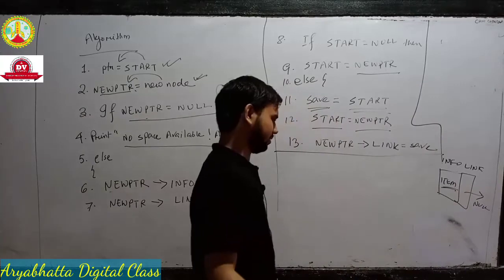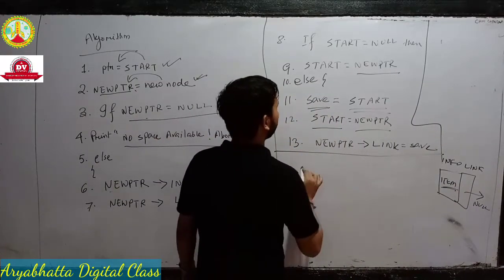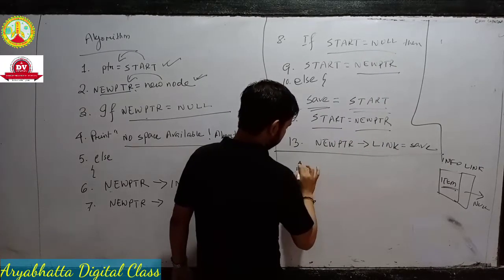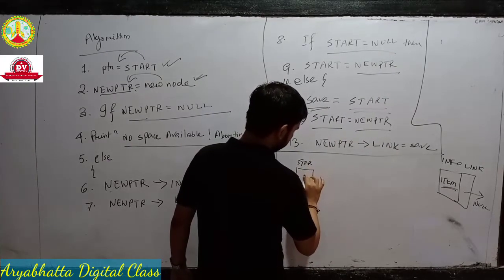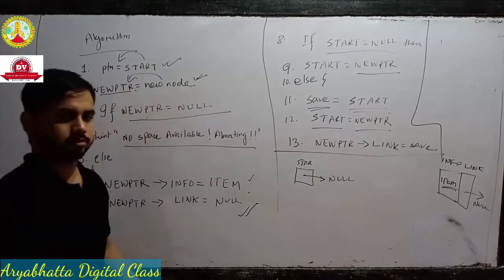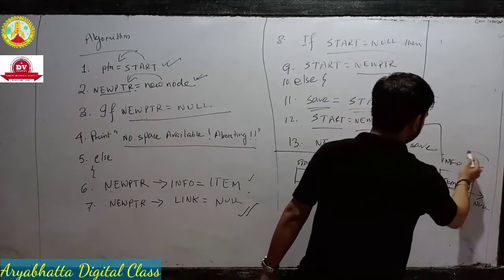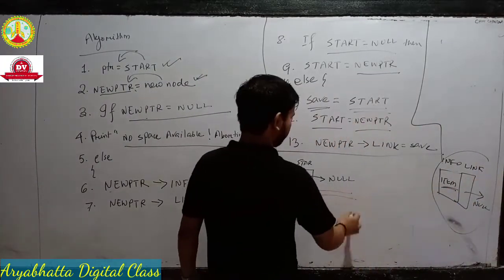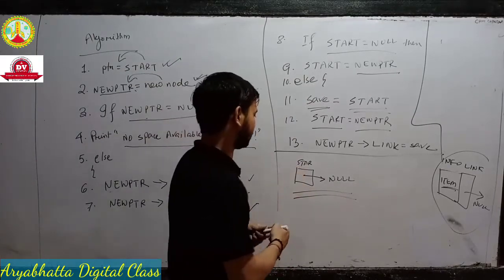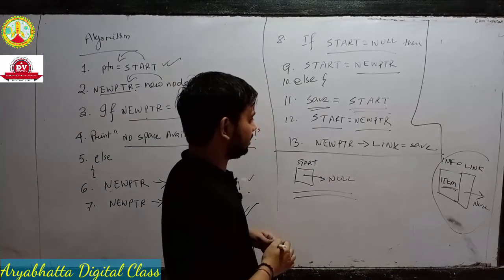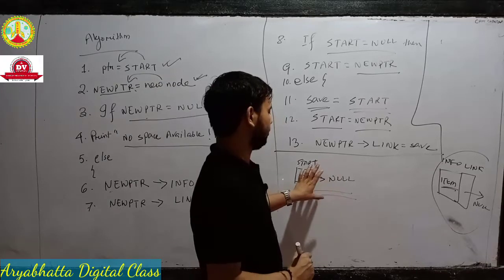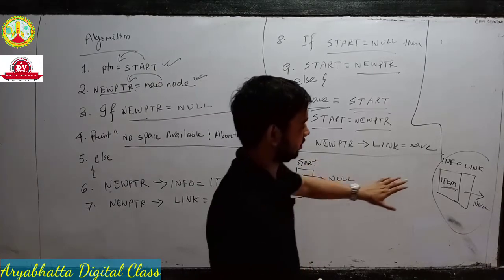Any item, any element, we create a node, and suppose this is a list. Means your existing linked list has no node, only the start pointer. It will be completely null, and this is a node.